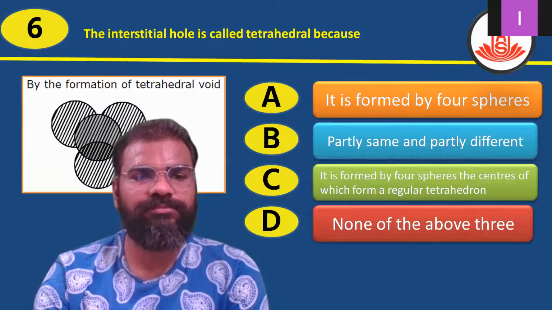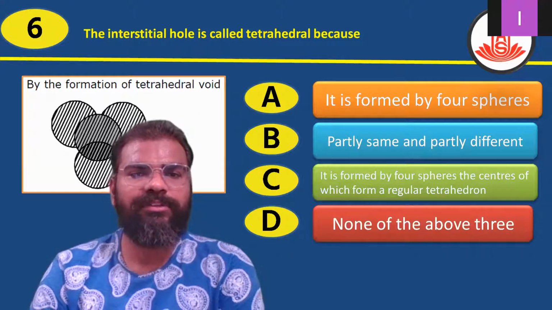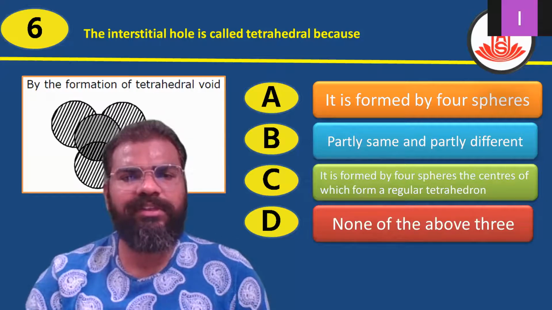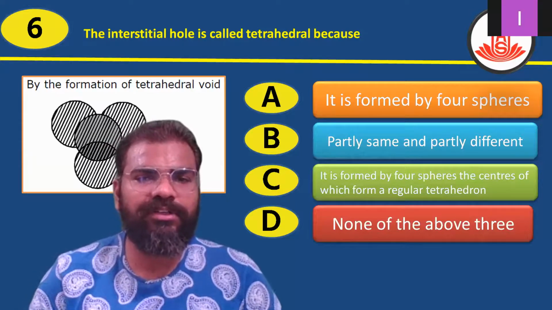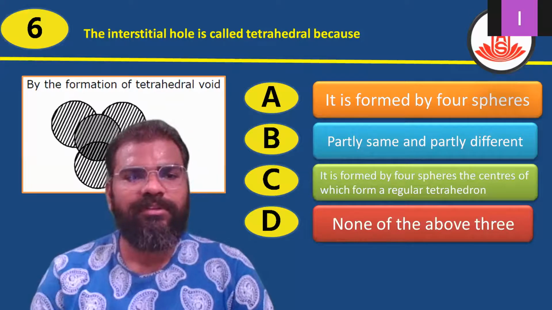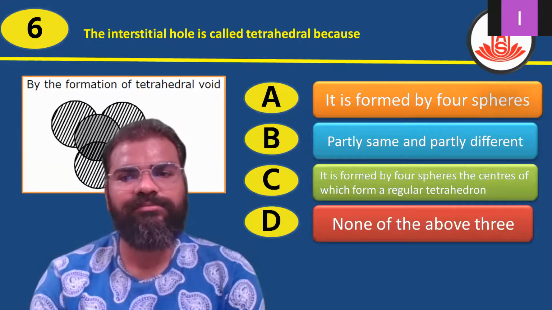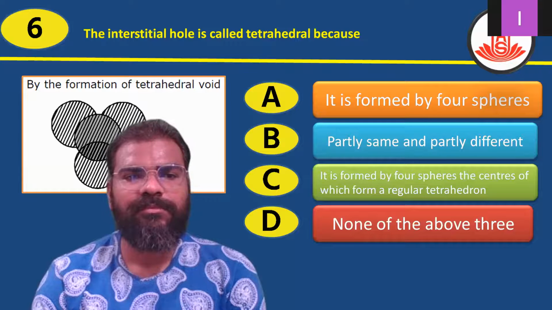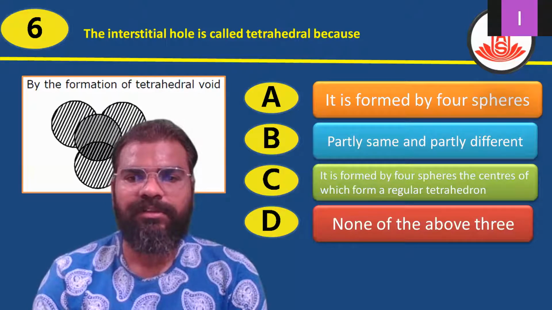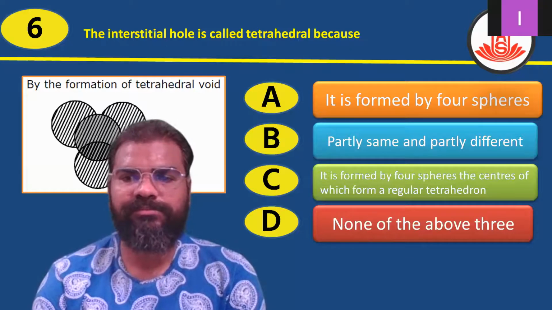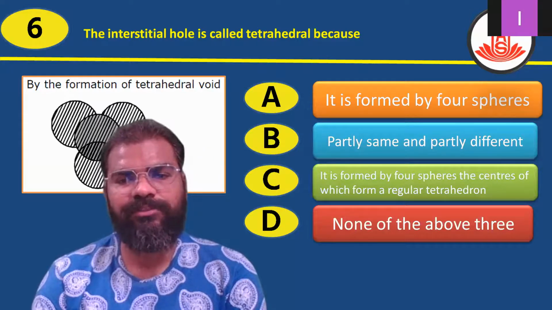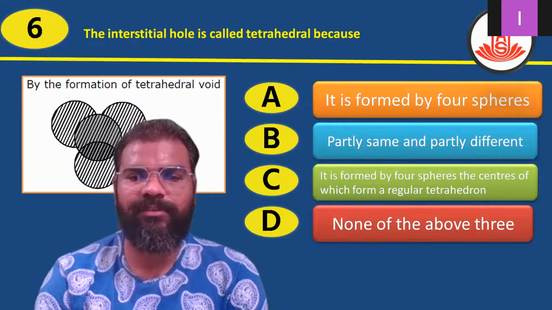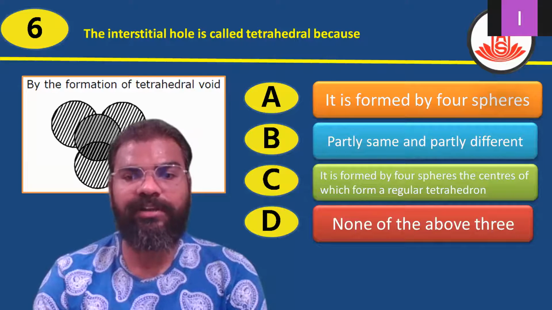After that, question number 6, a very easy question based on the theoretical portion. The interstitial hole is called tetrahedral because, why is it called tetrahedral? See here, it is formed by four spheres, the centers of which form a regular tetrahedron.